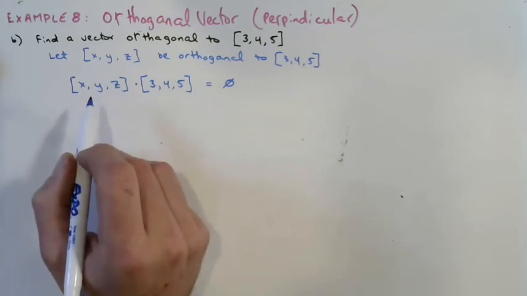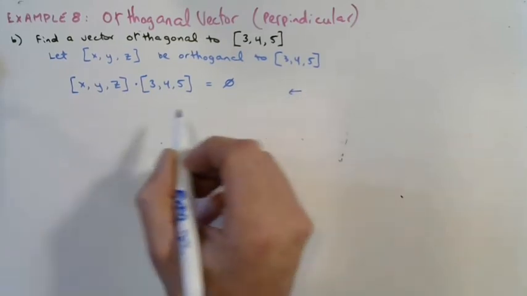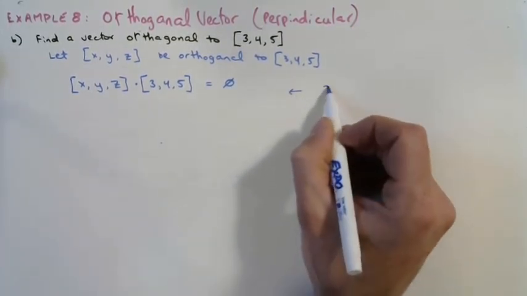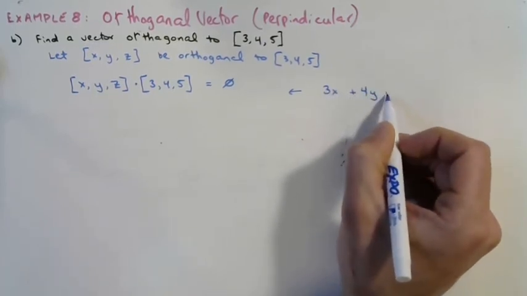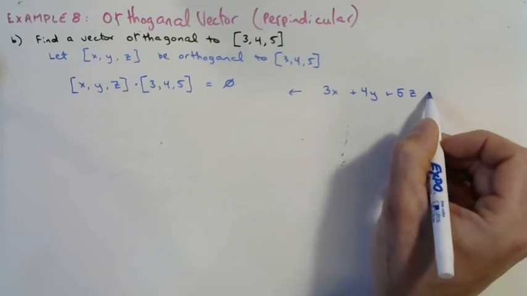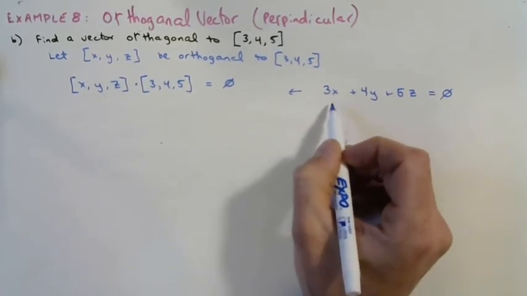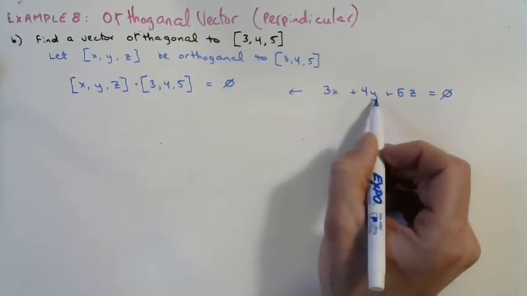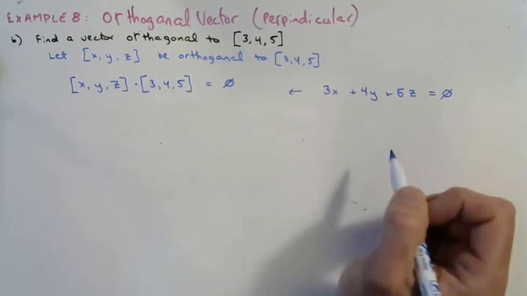Well, because the dot product here is 3x plus 4y plus 5z, and I want it to equal 0. I can pick any number to be x, any number to be y, and then I can solve for z that will make it true.